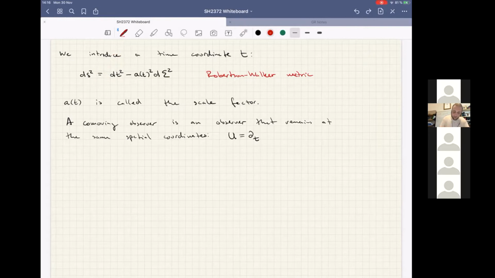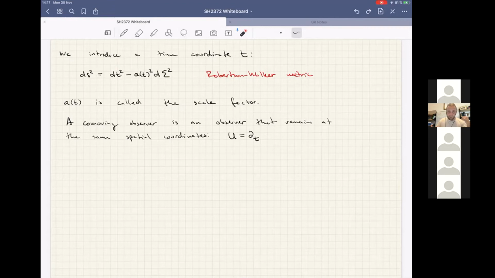And then the co-moving observers get this form velocity. What we have not talked about is how does this space-time appear? We spent last week talking about the weak field limit, and we also talked before about Einstein's field equations.